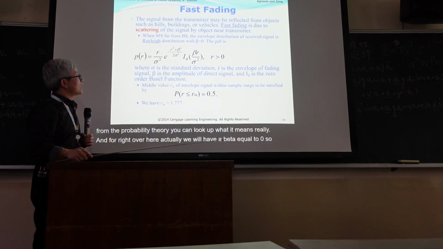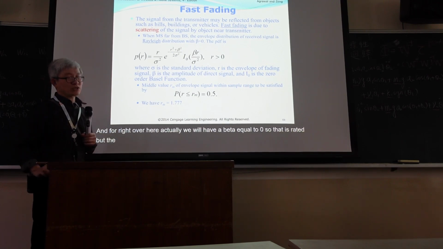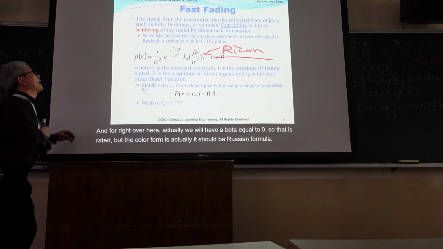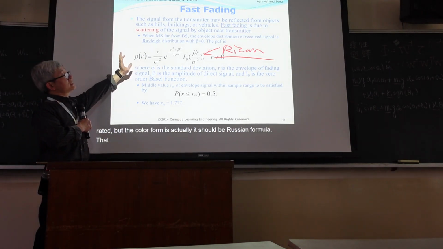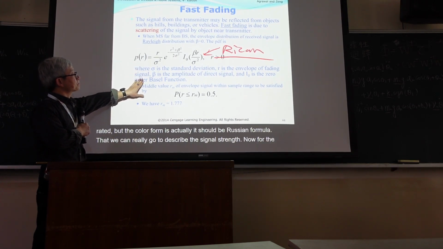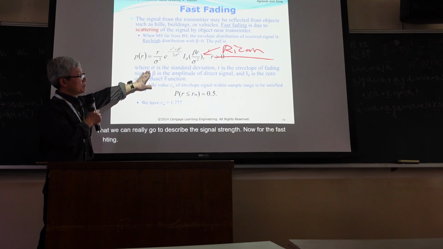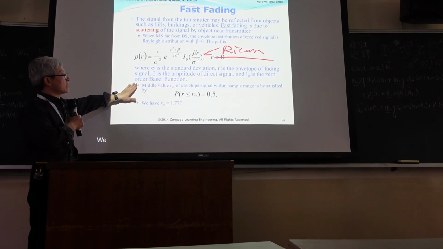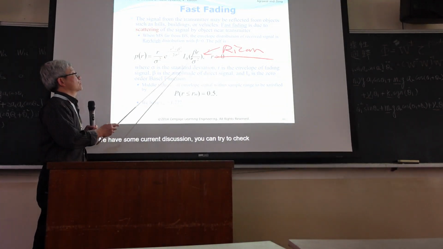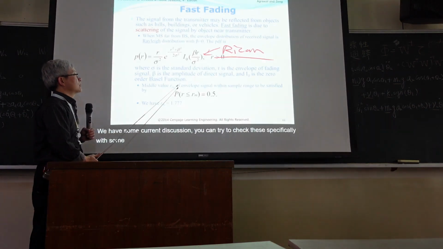But the current formula should be the Rayleigh formula. Alright, so Rayleigh, and then we can use it to describe the signal strength of the fast value. And we have some parameter distribution, you can try to check these. Specifically, we relate some results to the Bessel function.